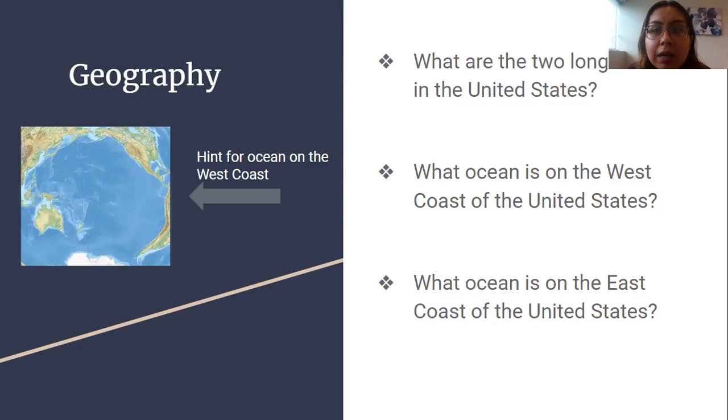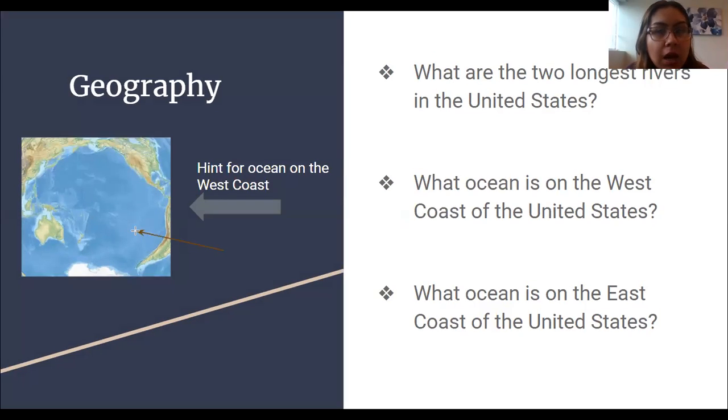And let me just go ahead and stamp something, or I could draw, I guess. So I'll point to it. So the example, which is right here, is a hint for what ocean that could be. So when you take a look at any world map or maybe even US map, you can see it.